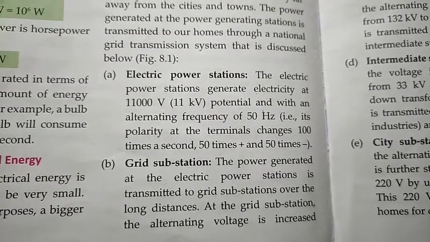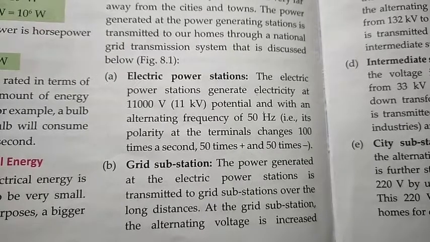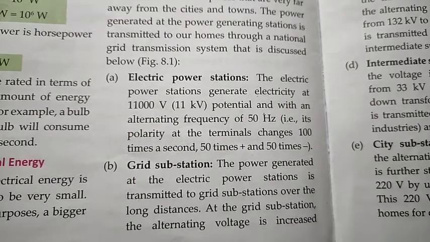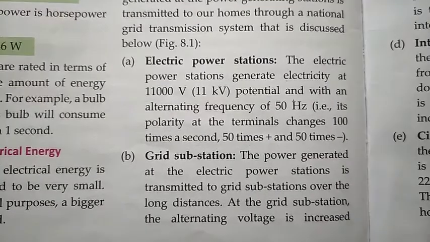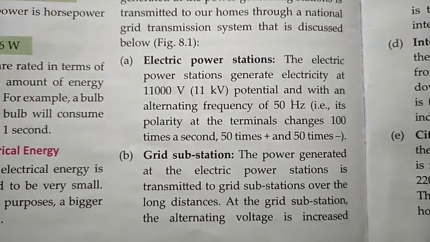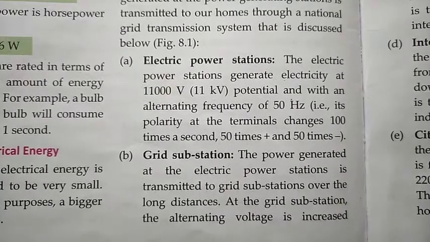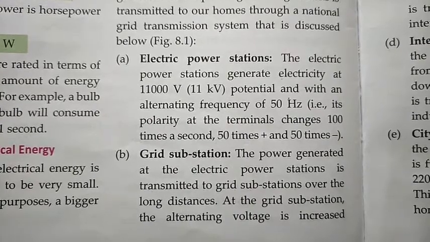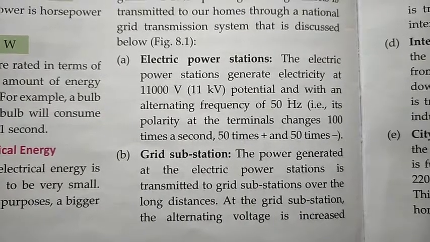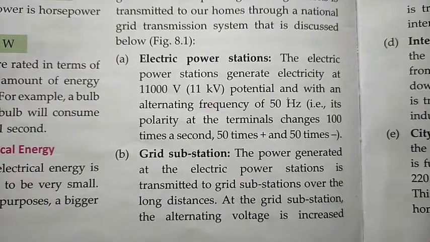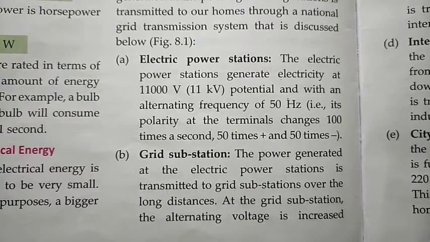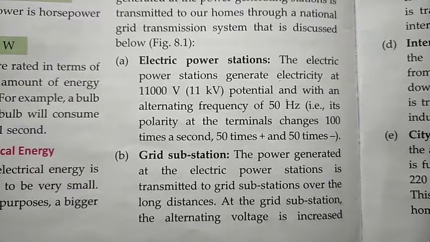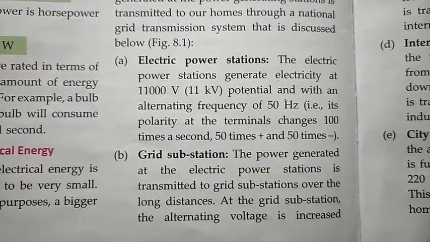That is, its polarity at the terminals changes 100 times a second, 50 times plus and 50 times minus.